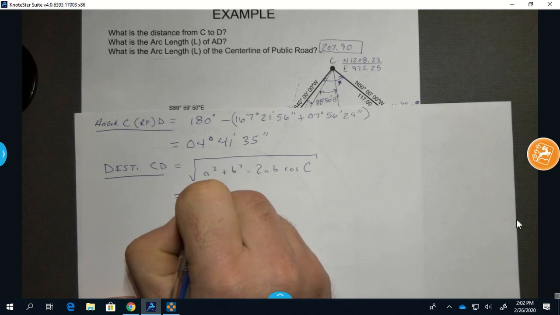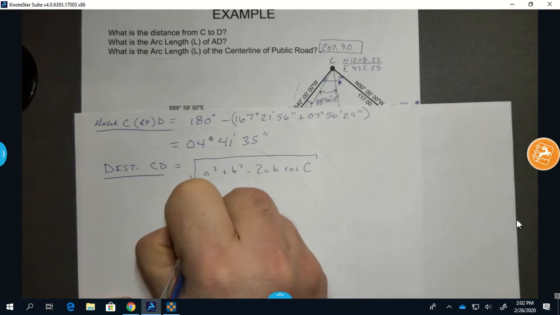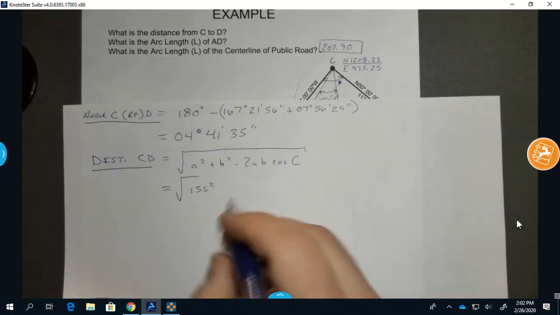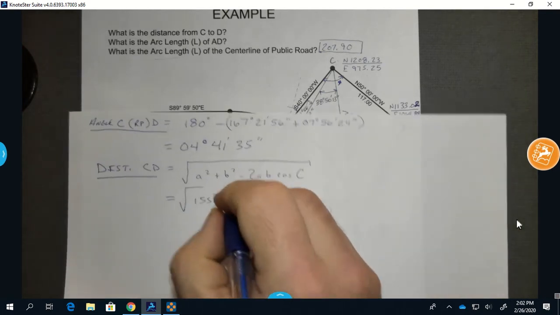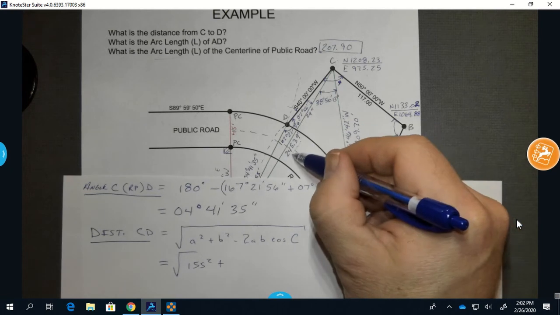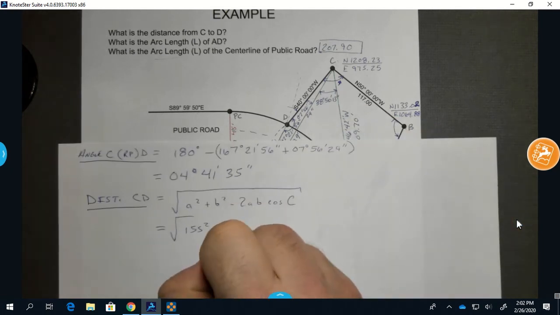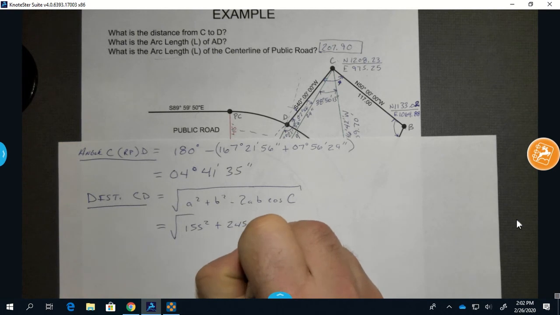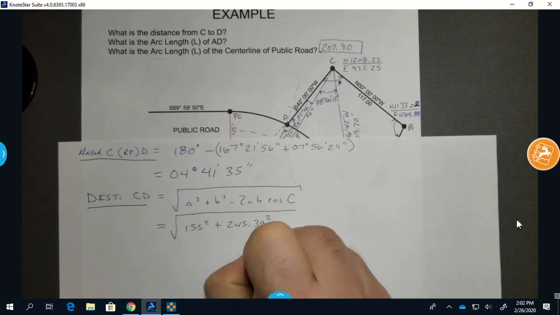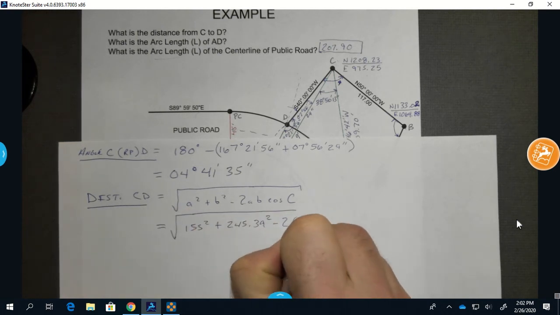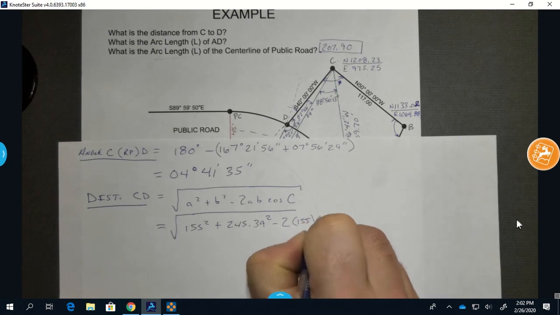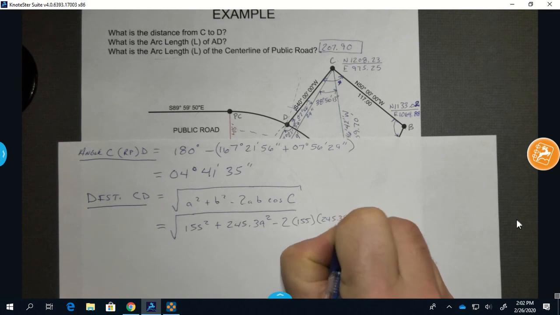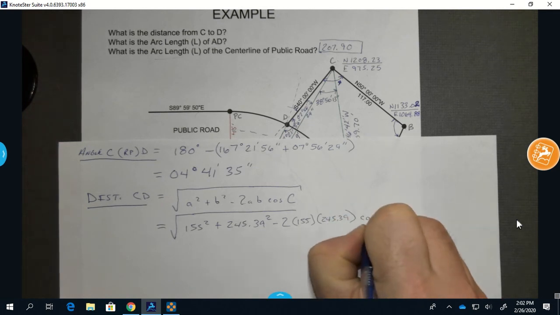A squared is going to be 155, this line right here, plus b squared, it's going to be 245.39 squared, minus 2 times 155 times 245.39 times cosine of C.